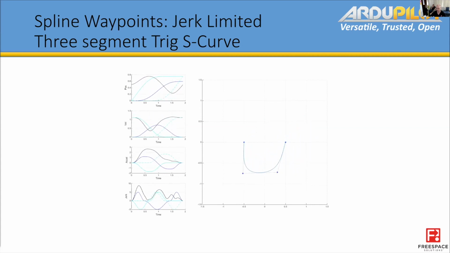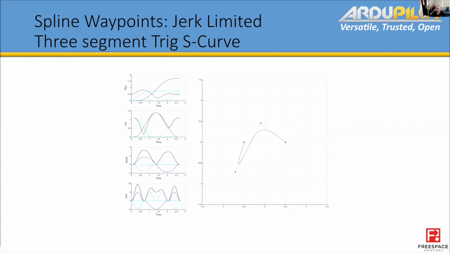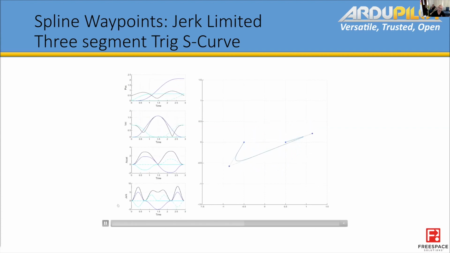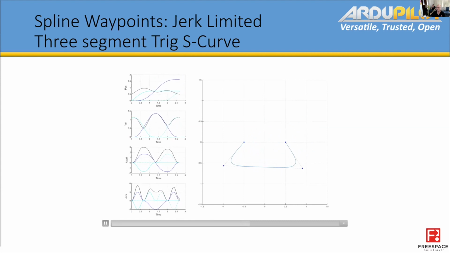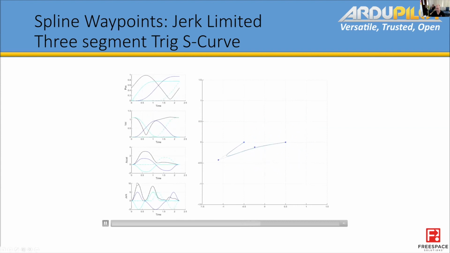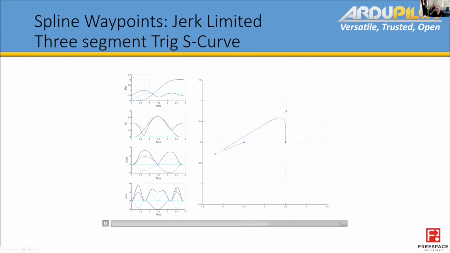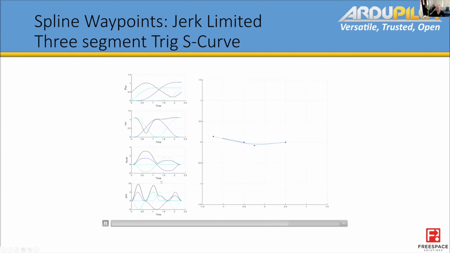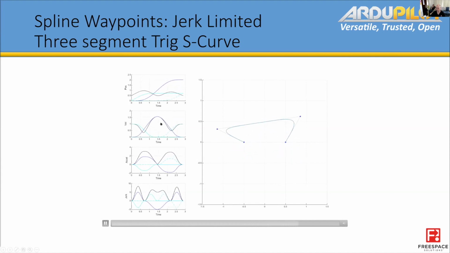So we have to go slow enough such that our maximum roll and pitch rate is not exceeded. And in that case, it's a maximum jerk of 10 in this example. You can see that during the fastest acceleration changes, the jerk gets up to 10. Other than that, it does a pretty good job trying to maintain the maximum velocity and acceleration it can around that curve.